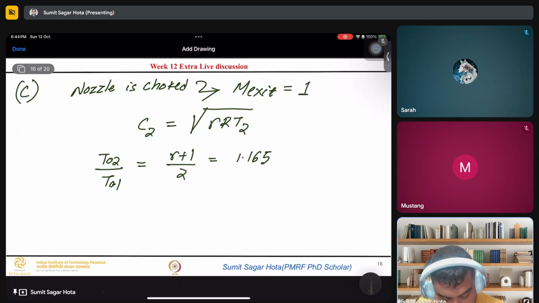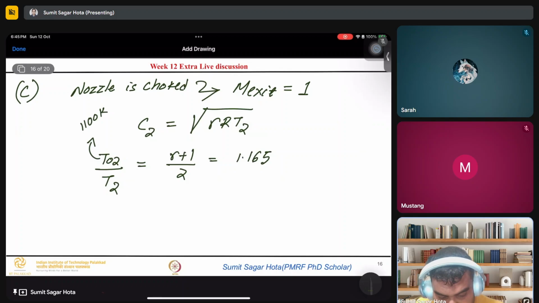But we know already T01 equal to T02 equal to 1100 Kelvin. Okay, then from this above expression we can find out the T2 value.